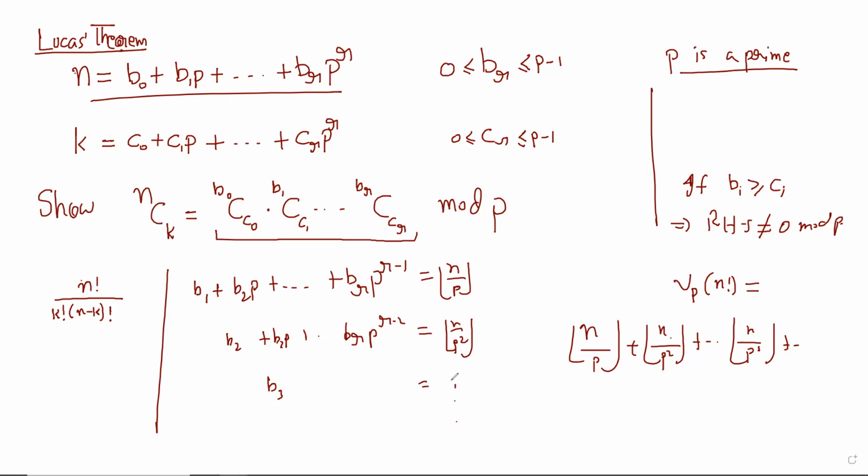There will be a beautiful formula if we combine this nicely. I think I see it. n minus the sum of the digits of n base p, divided by p minus 1, right? It looks like that, right? So this is the formula.